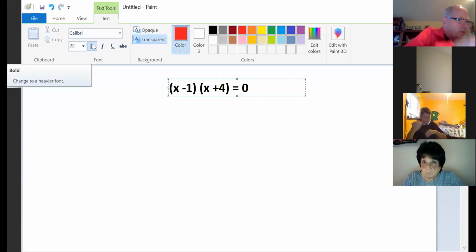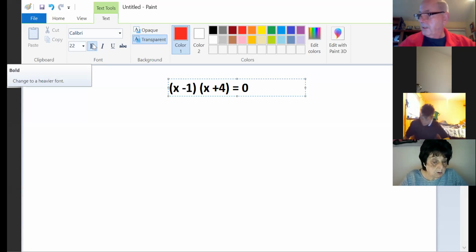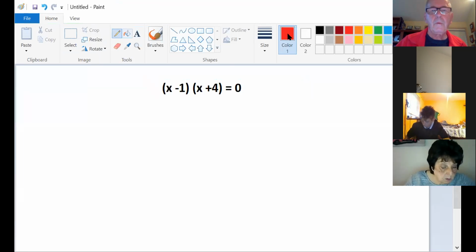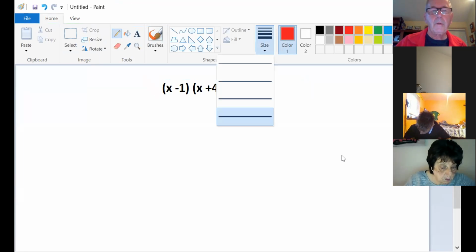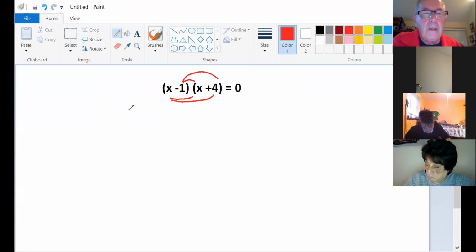Okay, so we know the FOIL method says multiply that times that, that times that, that times that, and that times that, right?